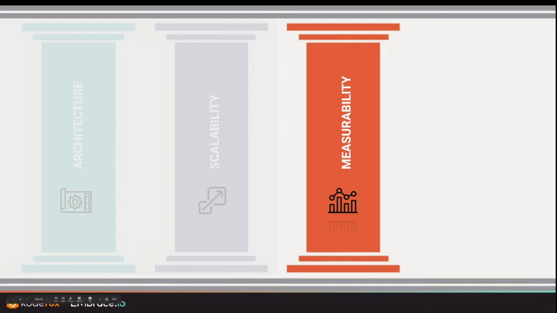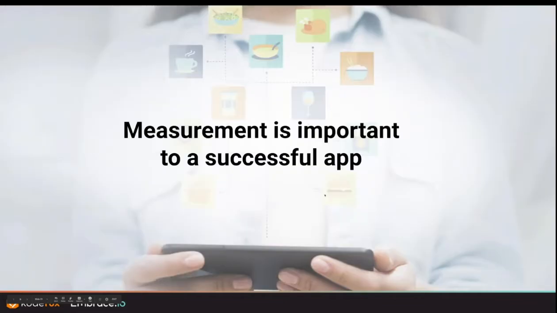Measurement is important for an app, because if you have no idea where you stand, you have no idea whether there is room for improvement or things are getting worse. And with mobile, it's especially important because there are so many different variables. It's different from web in that every single device is its own environment.